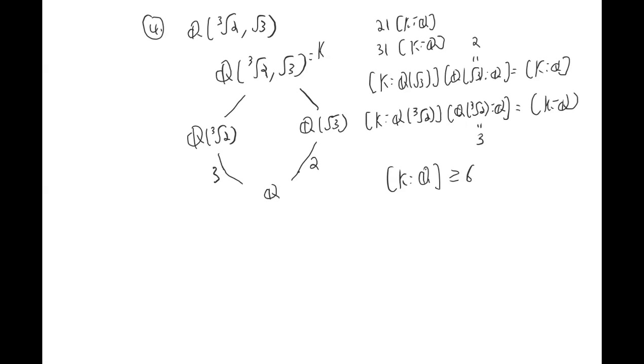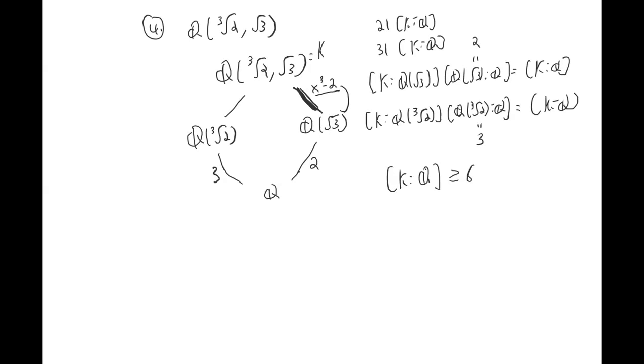So let's just pick this one. I know that the cube root of 2 is a root of x cubed minus 2. Agree? I know this is irreducible over Q. It's possible it's reducible over Q adjoin root 3; we're not going to rule that out.